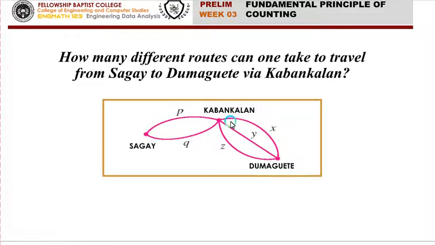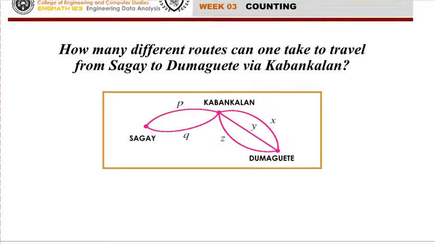We then have another three possible choices at the second stage, which is from Cabancalan to Dumaguete. And we could represent this in what we call a tree diagram, or through this specific representation.